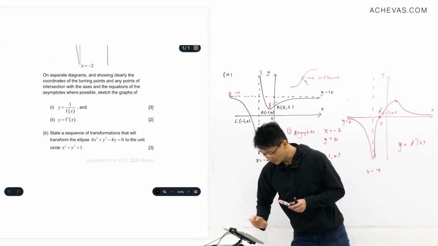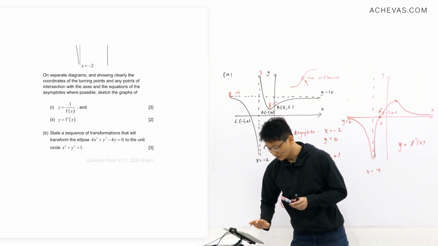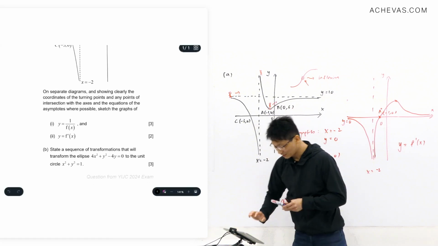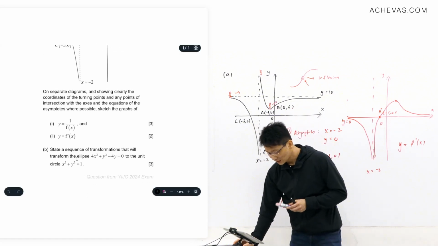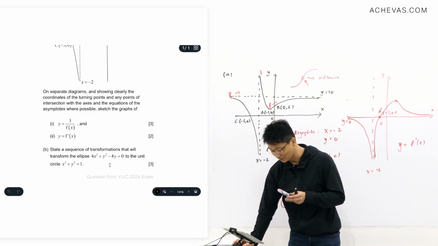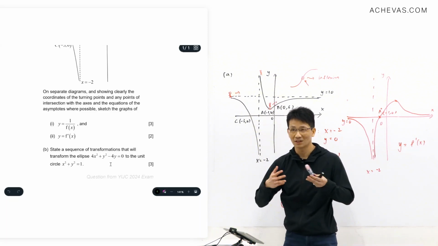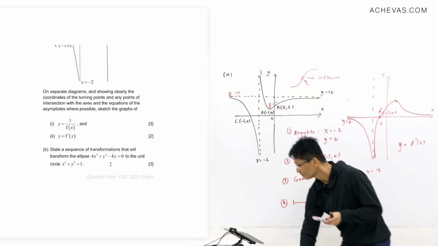Okay, so let's take a look at part B of the question, which is not related to the original part of the question. This part states the sequence of transformation that will transform the ellipse 4x squared plus y squared minus 4y equals 0 to a unit circle. The meaning of unit circle basically means it's a circle with radius of 1.